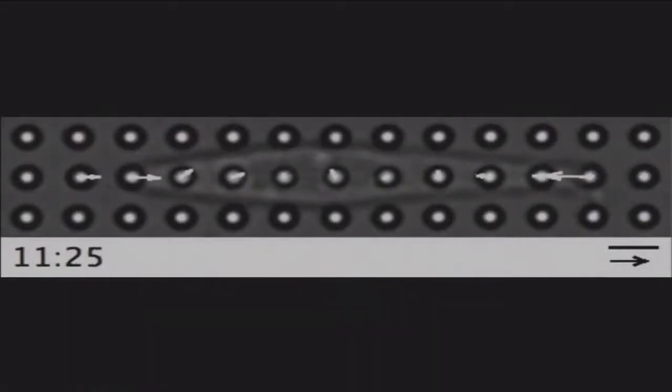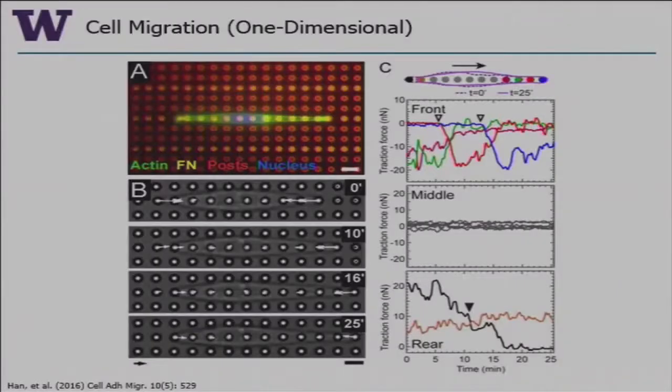But there's an interesting dynamic. Typically in cell migration, you think about extension, new adhesion, contraction, and then release. But what we weren't seeing was really coordination between the activity at the front of a cell and the release at the back end. If you look at these in a time lapse here, there's a local interaction where the cell forms a new adhesion, begins to contract, and at the same time lets go of the previous post that was at the front end.